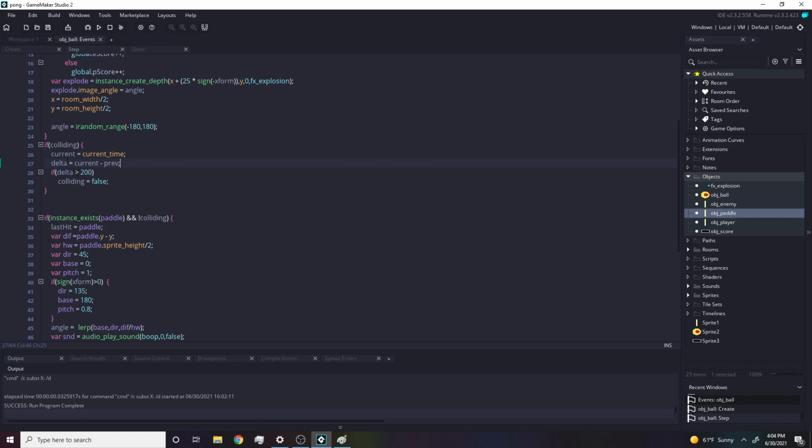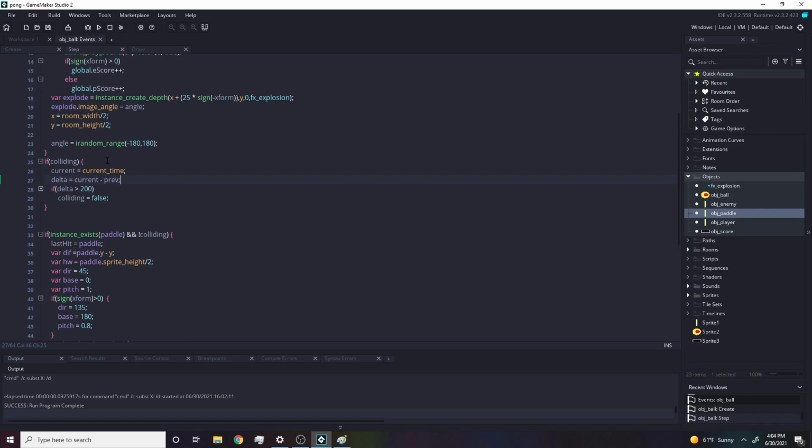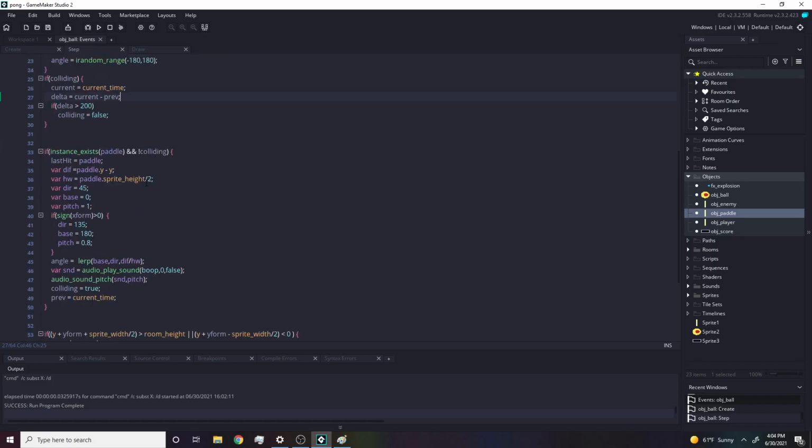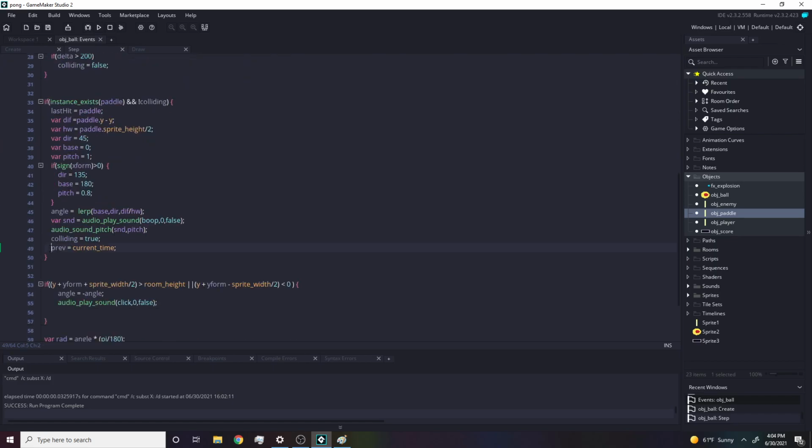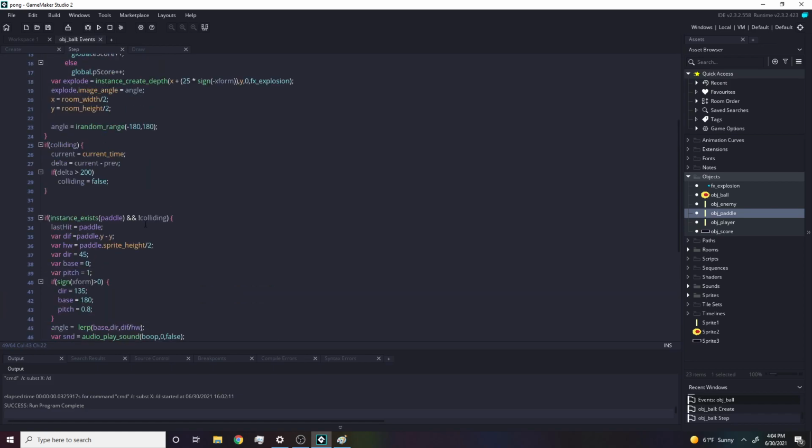We're just checking the time, because in collision down here, we set the previous time, which is the current time in milliseconds. The current time minus the previous time will be our elapsed time in milliseconds, which I call delta time.